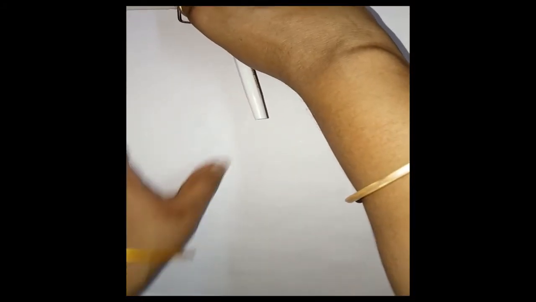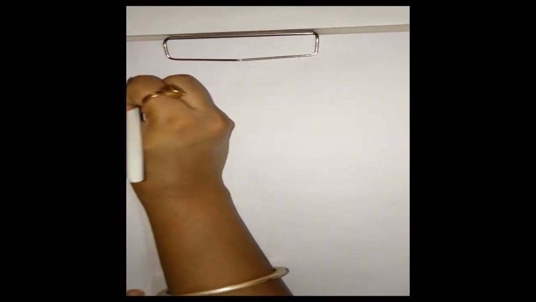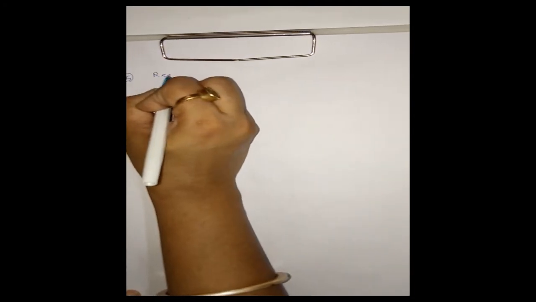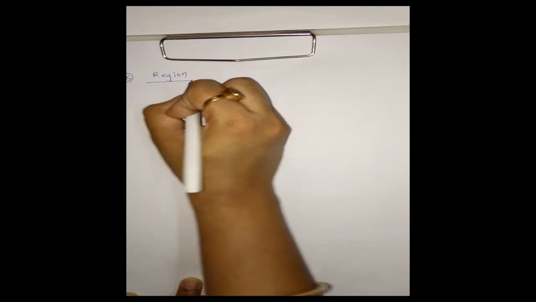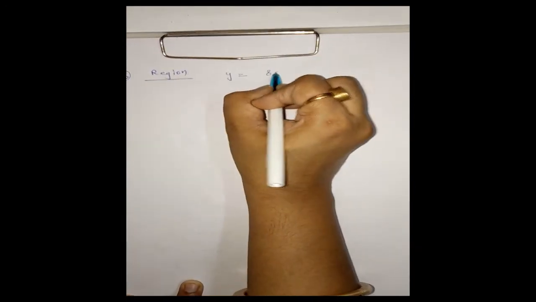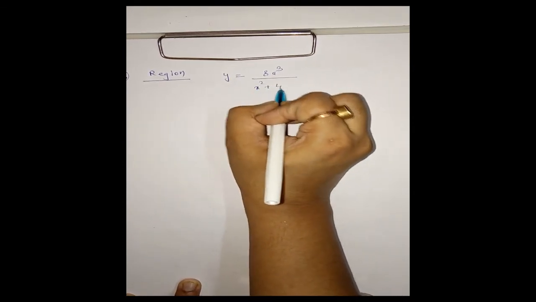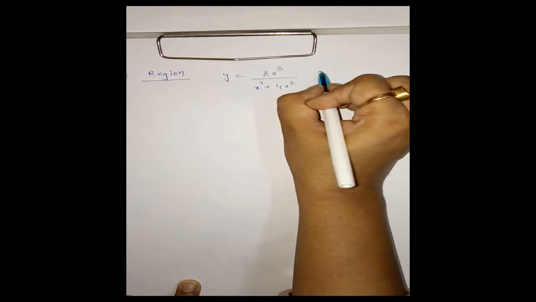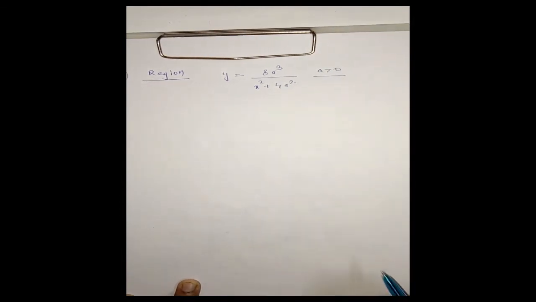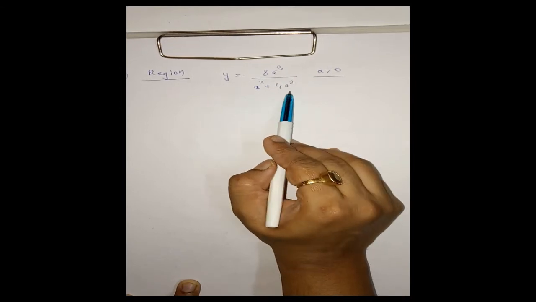Fifth is region. Now, y is equal to 8a cube by x square plus 4a square. a is positive, which is given to us. That means the numerator is positive, x square is positive, so the denominator is positive.